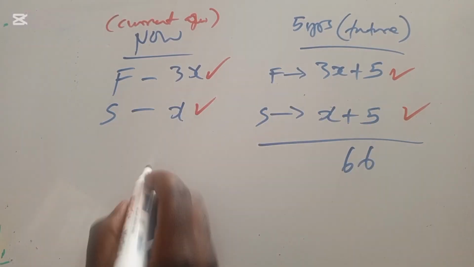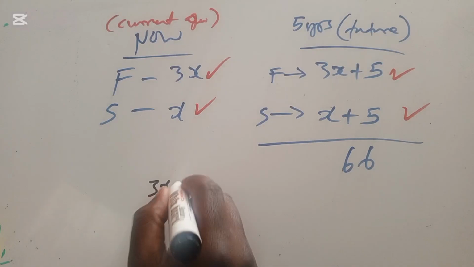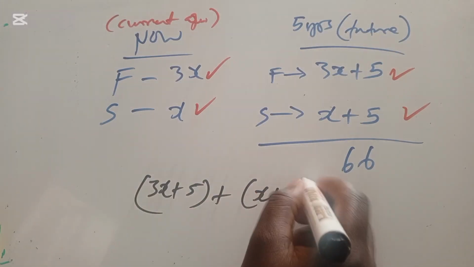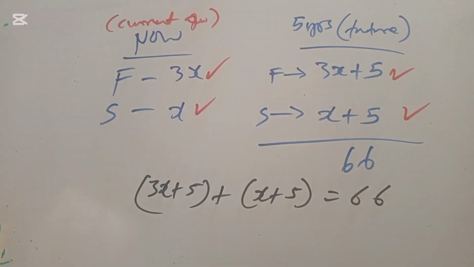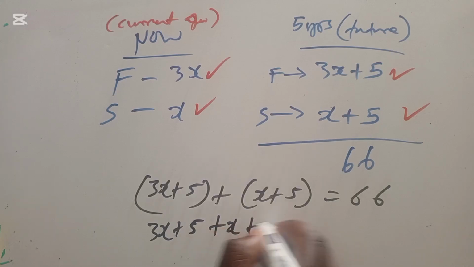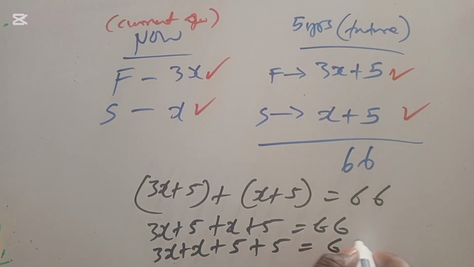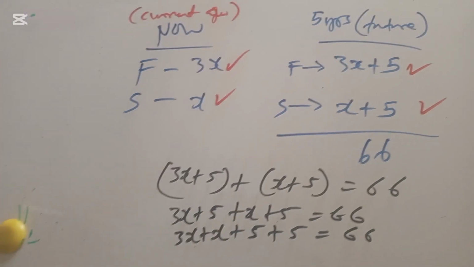You can add this: 3x plus 5 in brackets plus x plus 5 equals 66. So 3x plus x plus 5 plus 5 equals 66. I'm rearranging to put the x's together and the known numbers together.